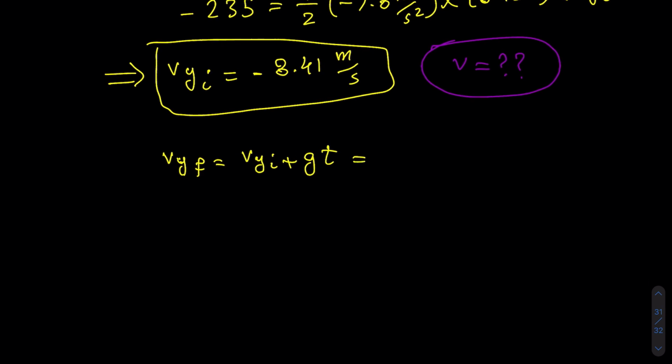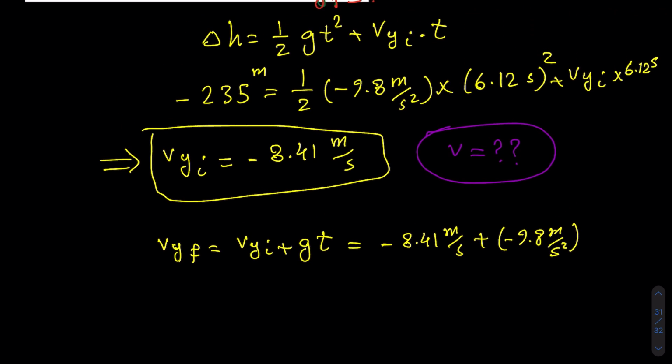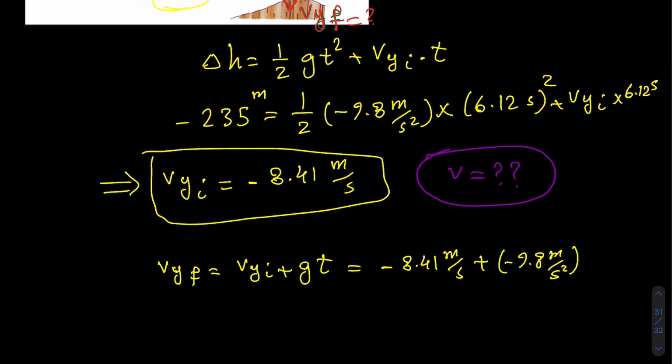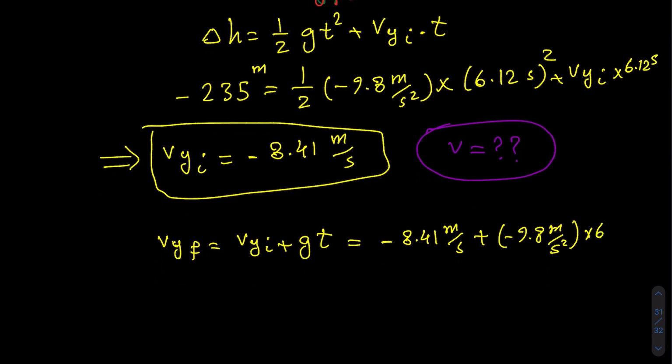So it's equal to v initial, which I already found, negative 8.41 meters per second, plus g, which is negative 9.8 meters per second squared, times t, which I already found, 6.12 seconds.